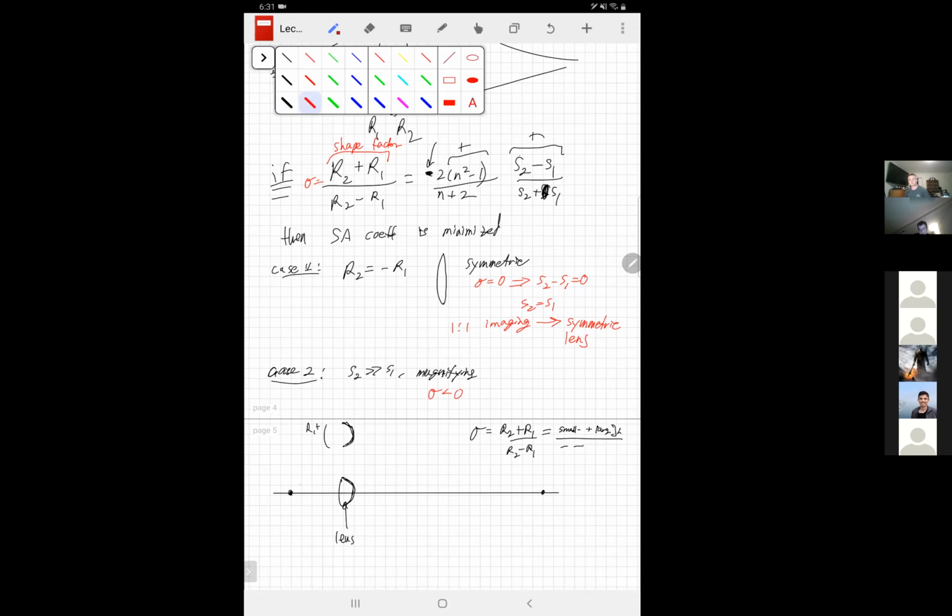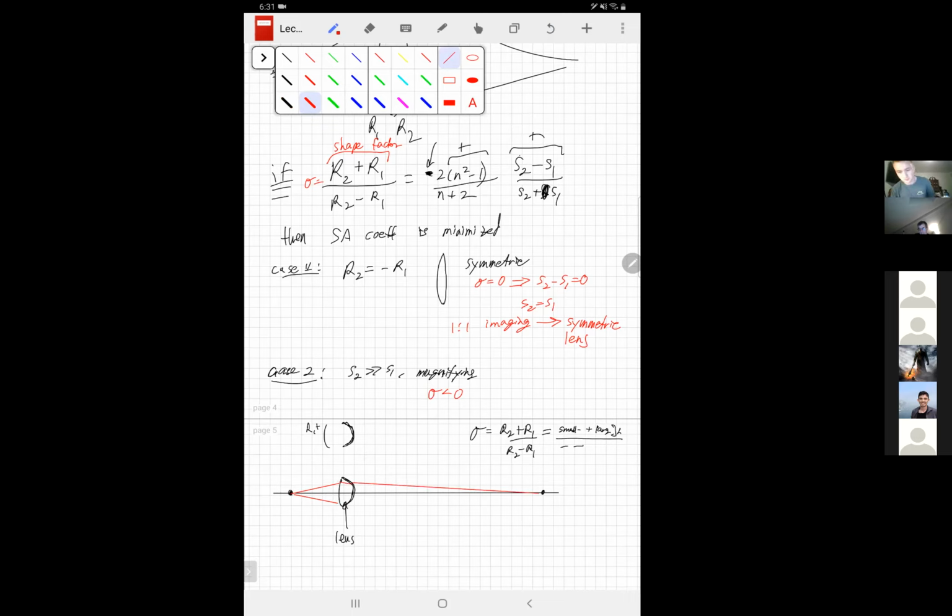And what this would mean is that they hit the surface like this. They get deflected a little bit, and then they get deflected more there.